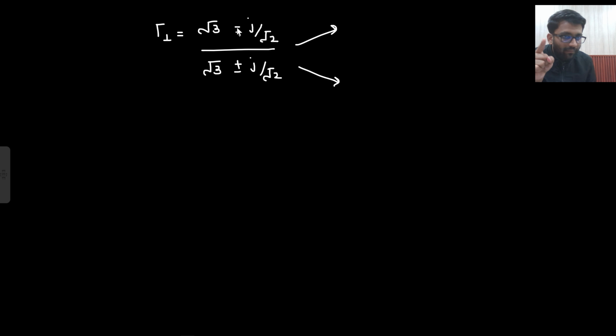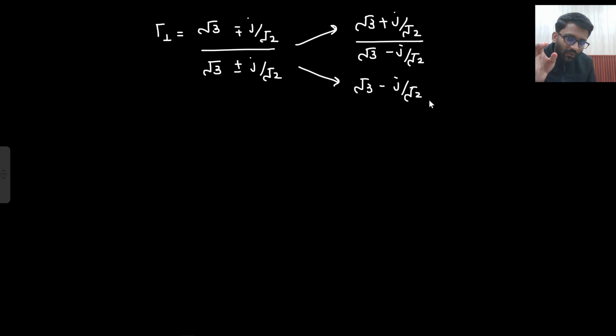So if you take minus upper side, then downward you need to take plus. Okay, upper side I am taking plus, so downward I need to take minus now. And if upper side I am taking minus, then downward I need to take plus, right?